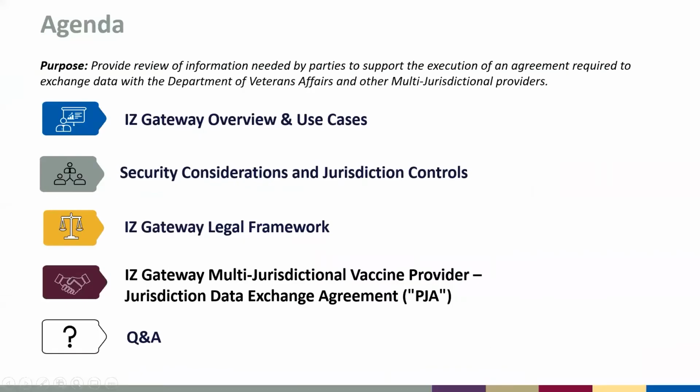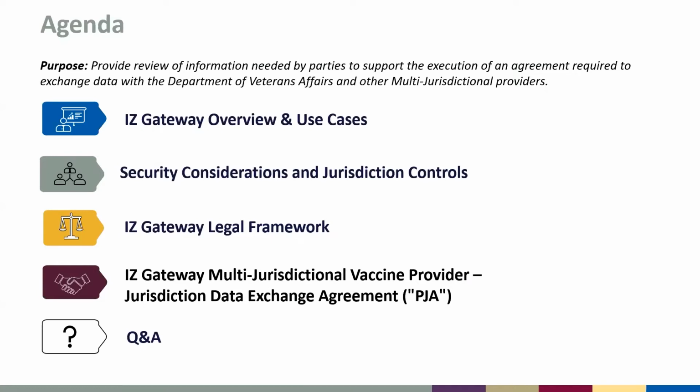So the purpose of today's webinar is to provide an overview of this new agreement, the PJA, and hopefully provide you with all of the information that you need to support the execution of the agreement, which is needed to exchange data with the Department of Veterans Affairs and other multi-jurisdictional providers.